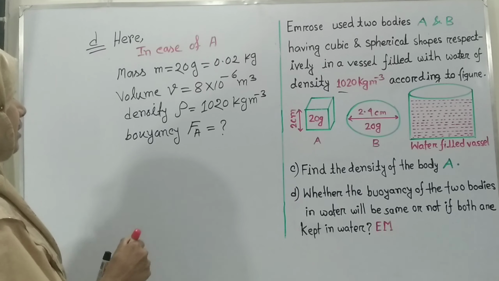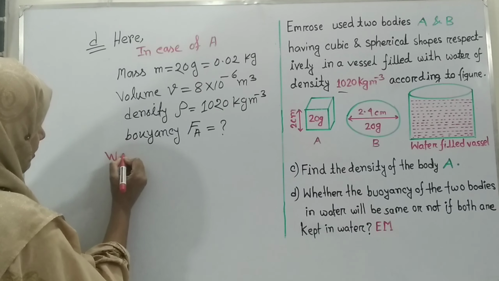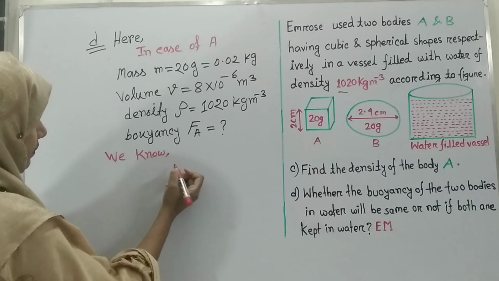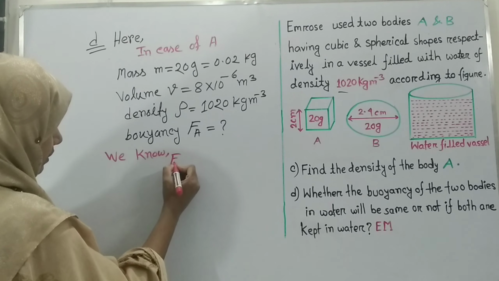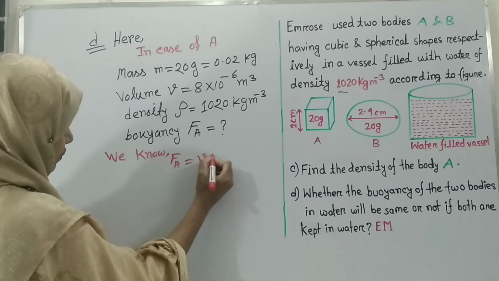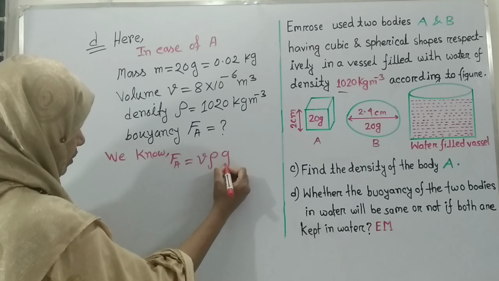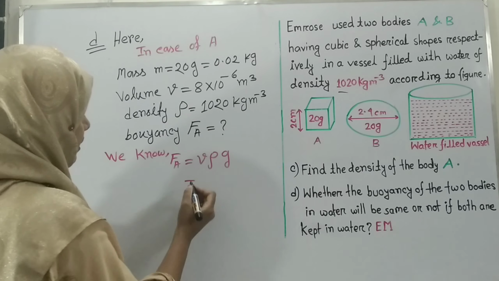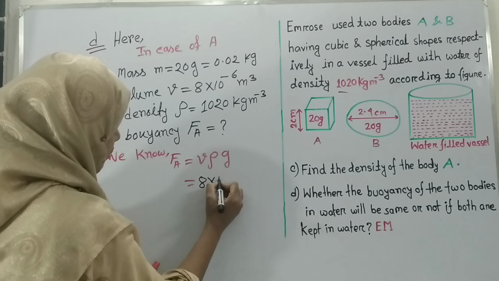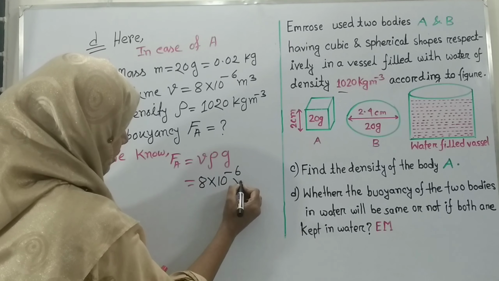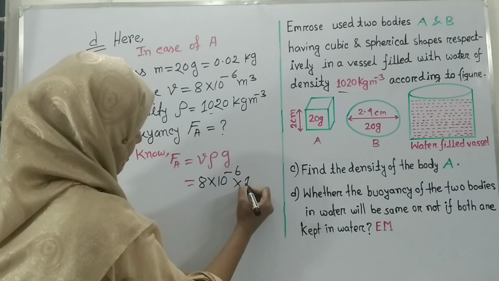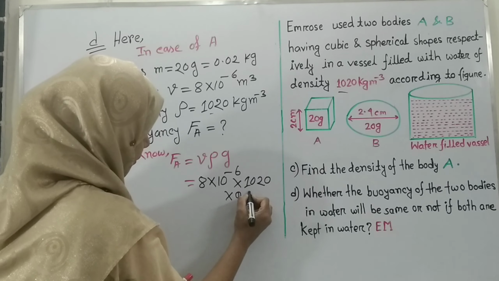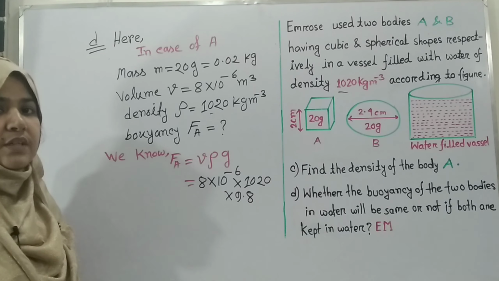And we know that the formula is FA equals V rho G. Now the value of volume is 8 into 10 to the power minus 6, the density is 1020, and the value of acceleration due to gravity is 9.8.